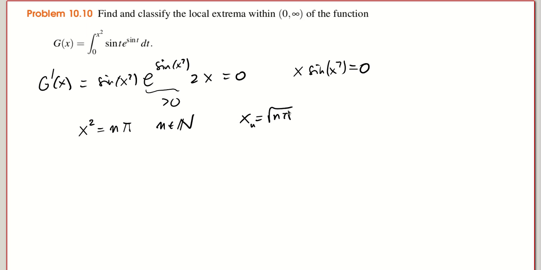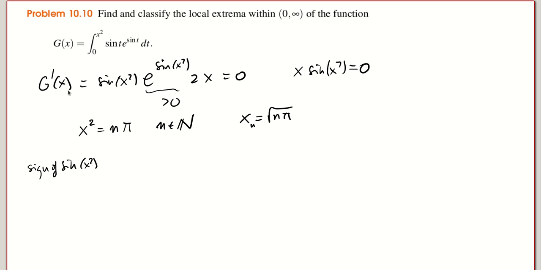Now we have to figure out what is the sign of this derivative between two consecutive zeros of this derivative, right? So, as I said, this is positive for x between 0 and infinity, this is positive 2, right? So it is the sign of this that determines the sign of the derivative.